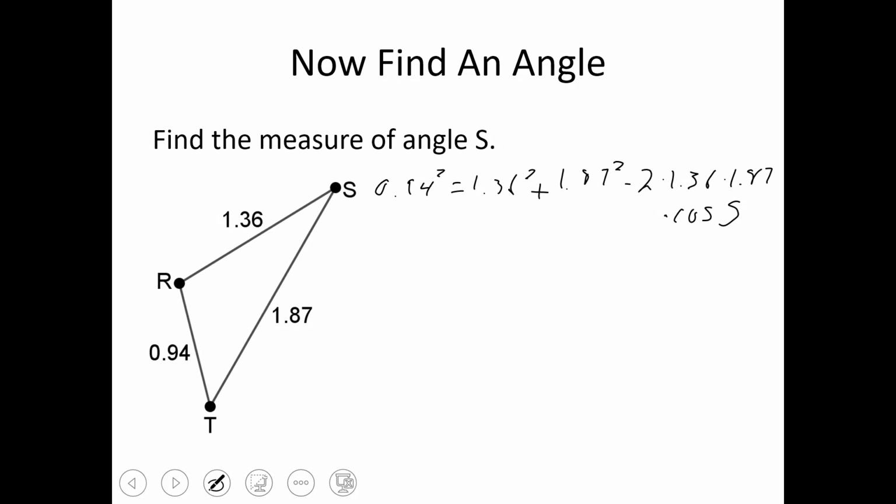On the left-hand side, we'll have 0.94 squared minus 1.36 squared minus 1.87 squared is equal to negative 2 times 1.36 times 1.87 times the cosine of s.